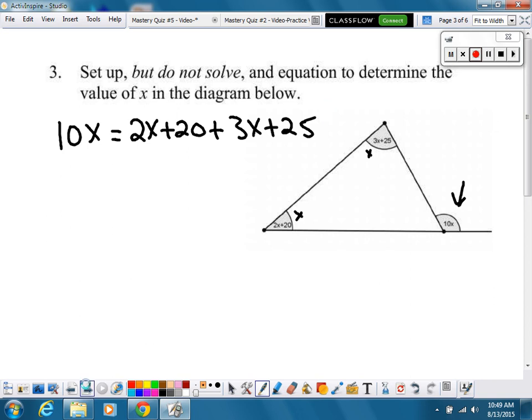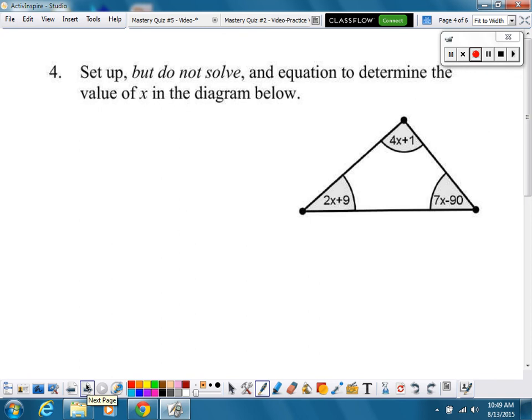And question 4. Looking at this diagram, again, we're setting up but not solving the equation. You have a triangle, and we know the triangle sum theorem that says that all three angles of a triangle add up to 180 degrees. So I'm going to pick out each one of those angles.